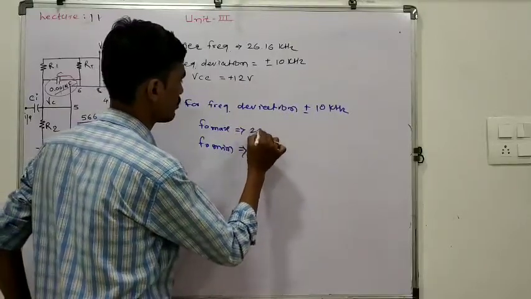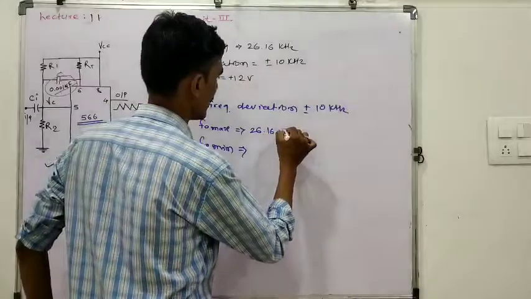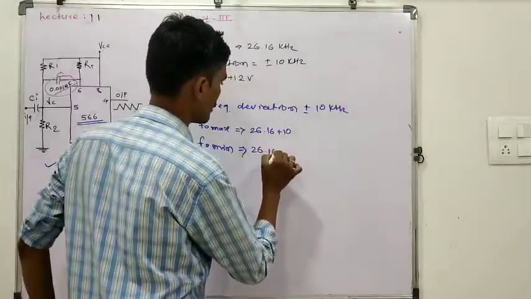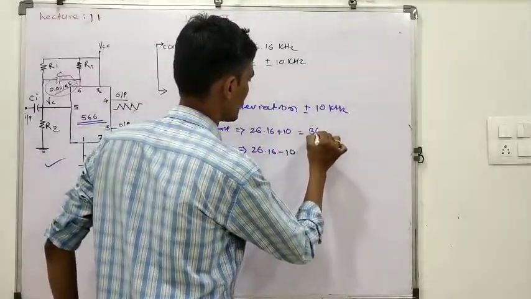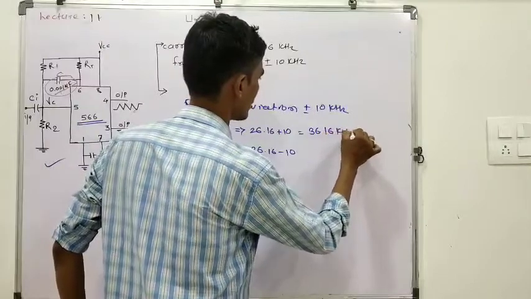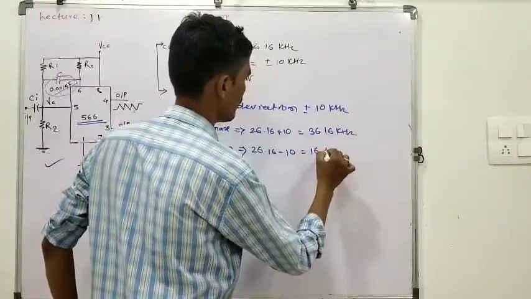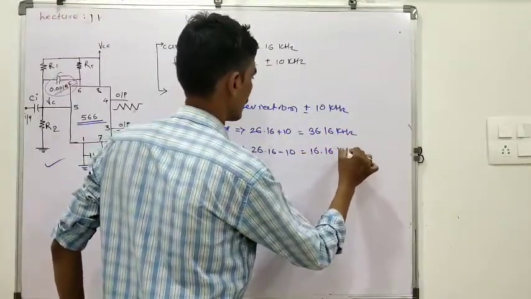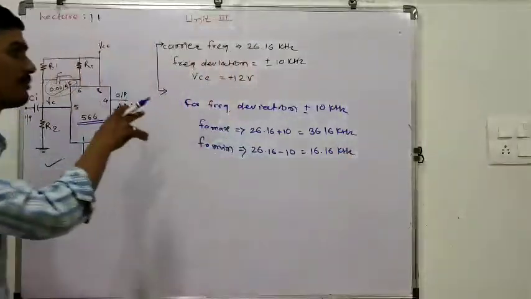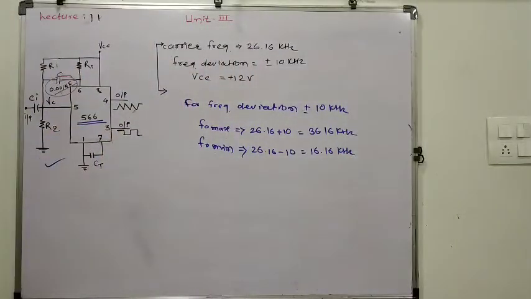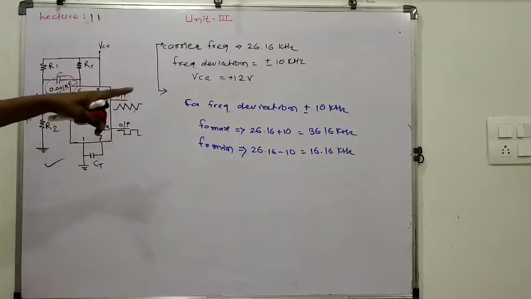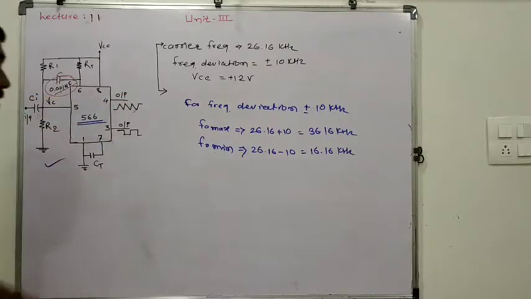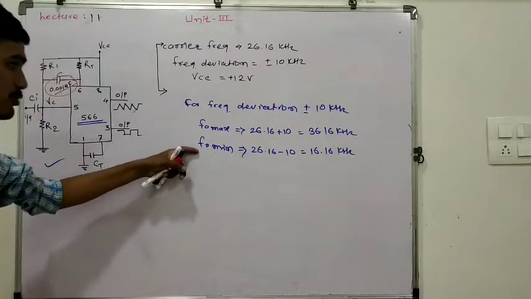F0 max is equal to 26.16 plus 10, and F0 min is 26.16 minus 10. So it is 36.16 kilohertz, and this is 16.16 kilohertz. Now we are getting the two frequencies for the frequency deviation, with the assumption of frequency deviation equal to plus minus 10 kilohertz. So F0 max and F0 min.